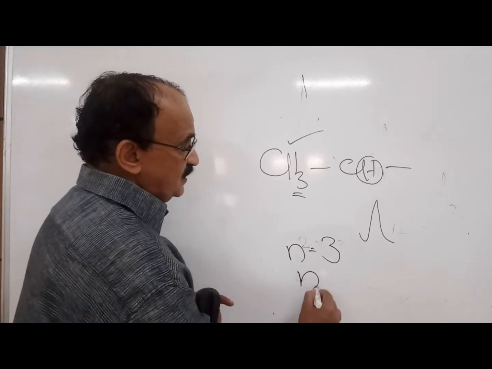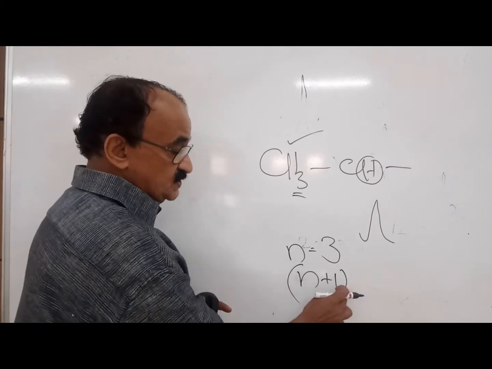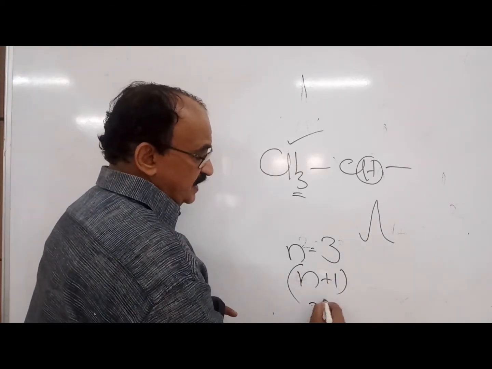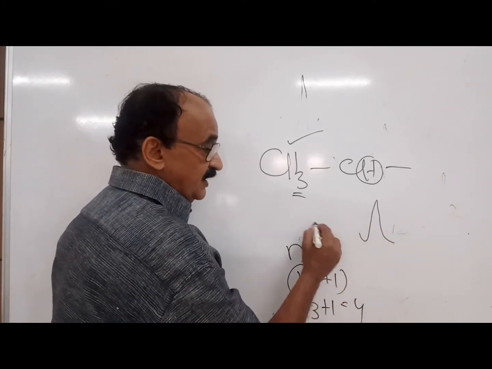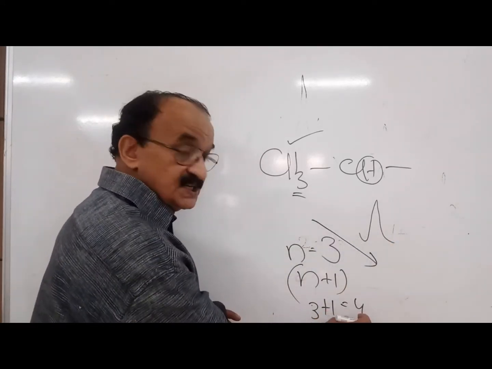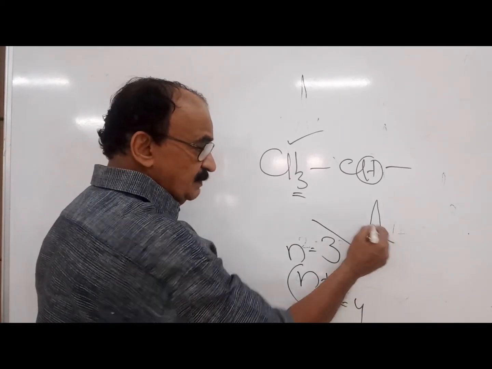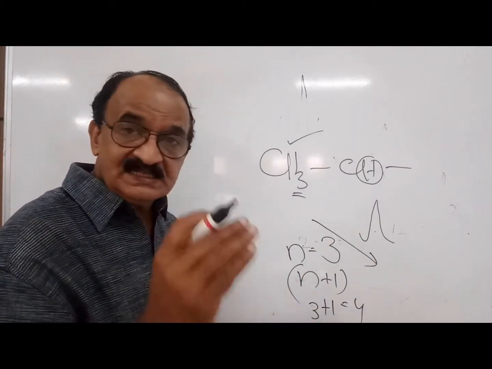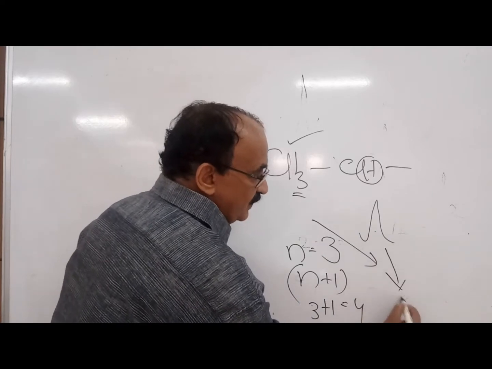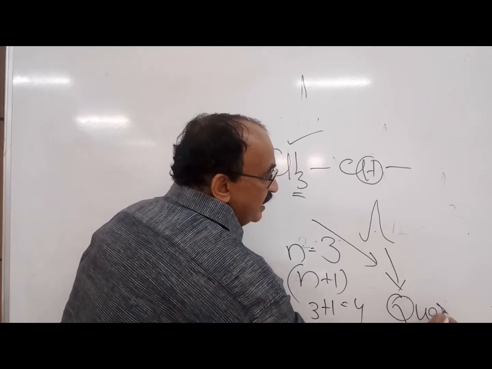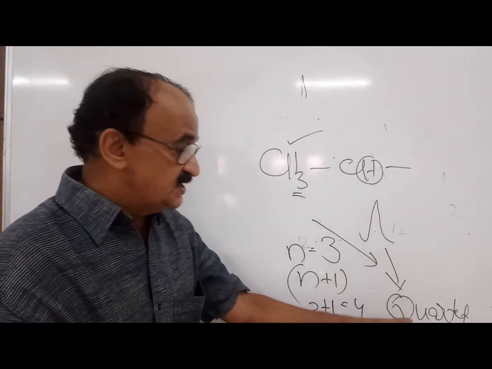So we can apply the n plus 1 rule. On applying the n plus 1 rule, n plus 1 is equal to 3 plus 1, that is equal to 4. That means the signal due to this proton will be split into a set containing 4 subsignals, so the signal will be converted into a quartet. Why is the signal due to the CH proton changing into a quartet?